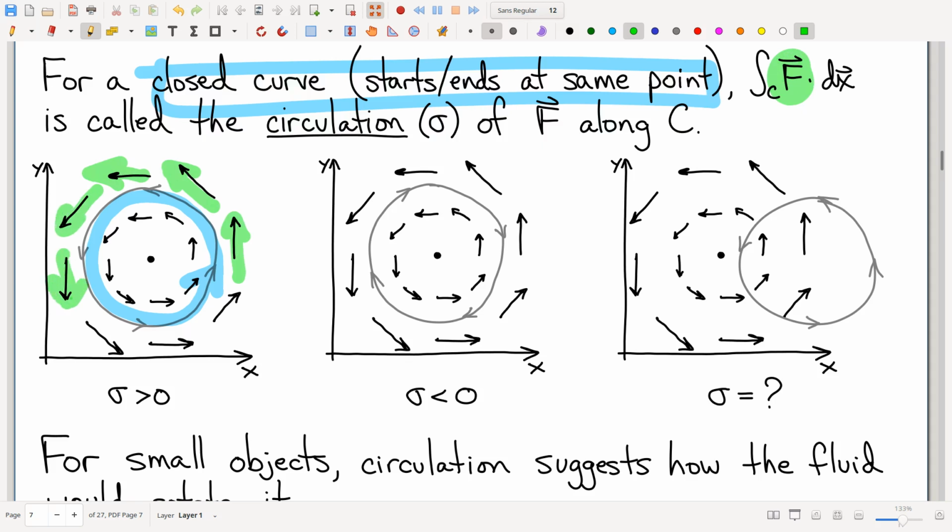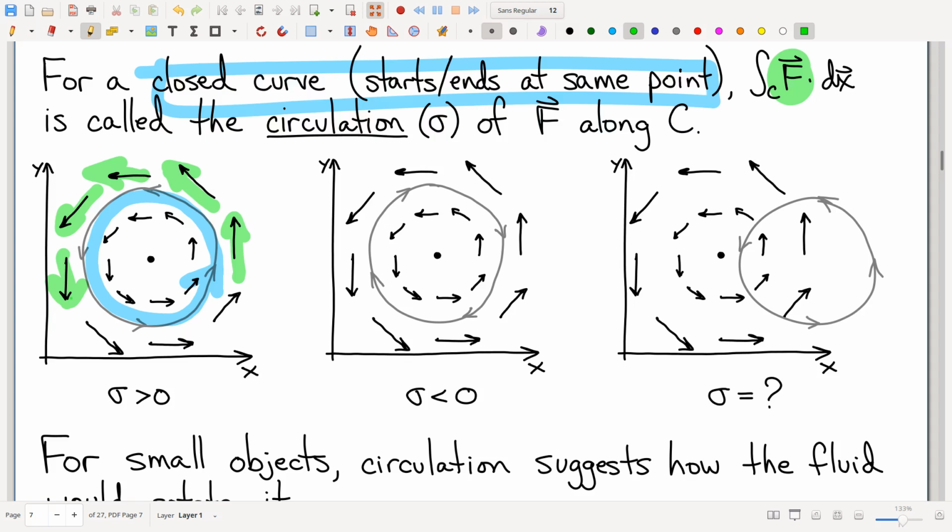The question we're going to ask is, without computing algebraically, just going off the picture, to what extent do we see circulation? Keep in mind, our interpretation of circulation is that it's a measure of the extent to which the fluid is flowing along the curve.